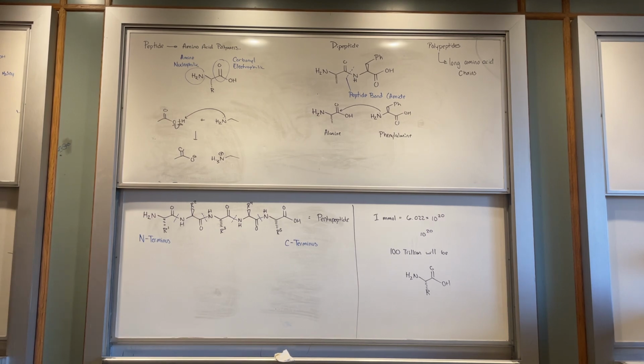Yeah, so these peptides are full of hydrogen bonding donors and acceptors. And so these long chains don't necessarily want to be floppy, so they're going to start folding onto each other, mostly through intramolecular hydrogen bonding interactions. And so a peptide becomes a protein whenever that long chain folds in and forms some low energy folded structure.